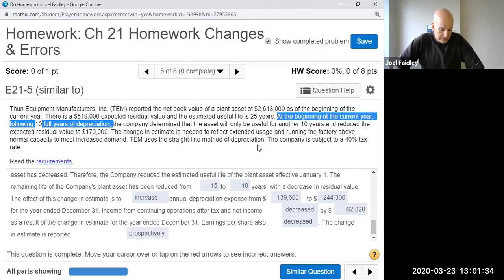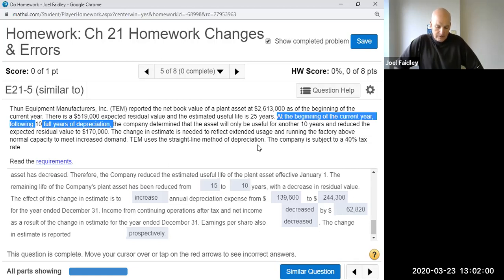Remaining life of the company's planned asset has been reduced from 15 to 10 with a decrease in residual value. Annual depreciation is going up, isn't it, by this change in estimate? And if they're going to be using this piece of equipment longer, they want to match this depreciation expense, right? Match that expense with the revenue it's going to produce. That's why they're doing this.